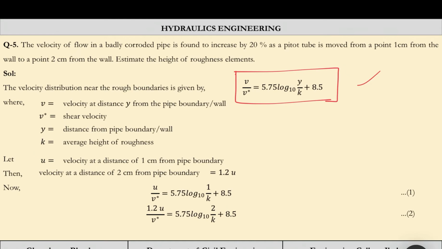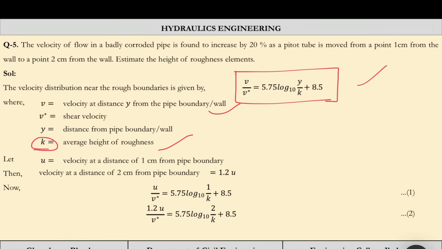So this is the velocity for rough boundary or rough pipe. So v is the velocity at distance y, v star is shear velocity, y is the distance from the boundary or the wall, and k is the average height of the roughness. So this k value we want to calculate.